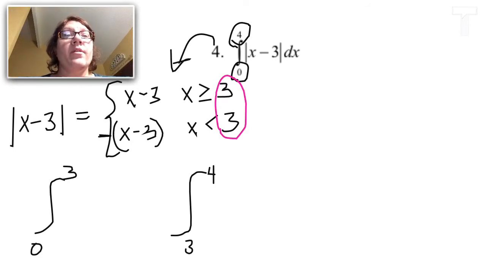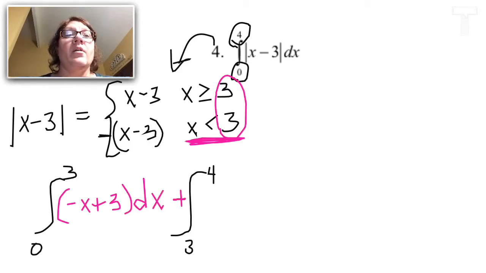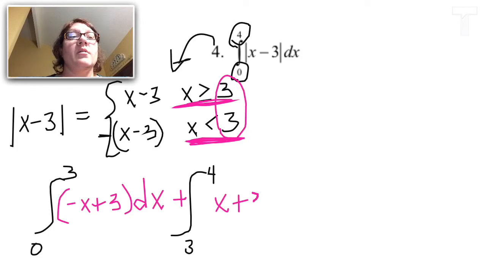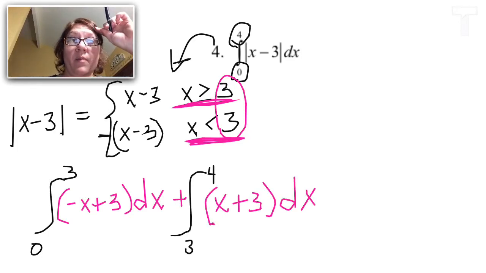So from 0 to 3, I would be working on this piece, so -x plus 3. And on the second one, from 3 to 4, I would be working on the upper piece. So I'll have to evaluate these separately and then add them together.